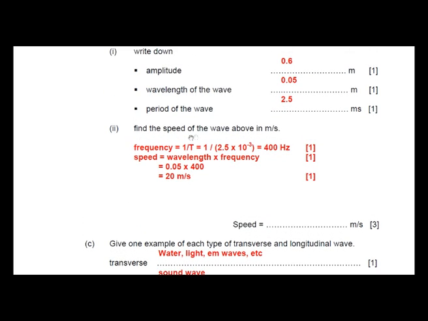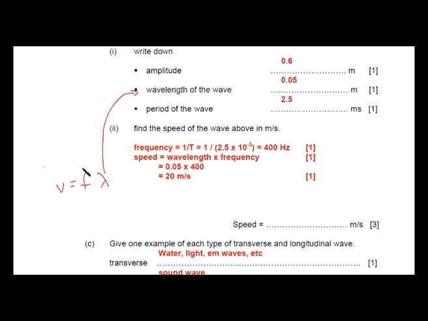Find the speed of the wave above in meters per second. To find the speed, we have to make use of the formula V equals F times lambda. So we have the wavelength.